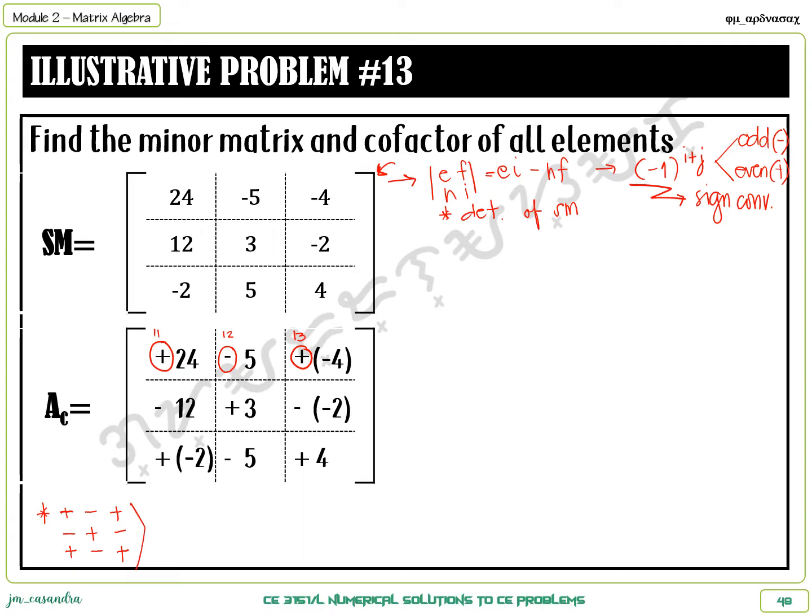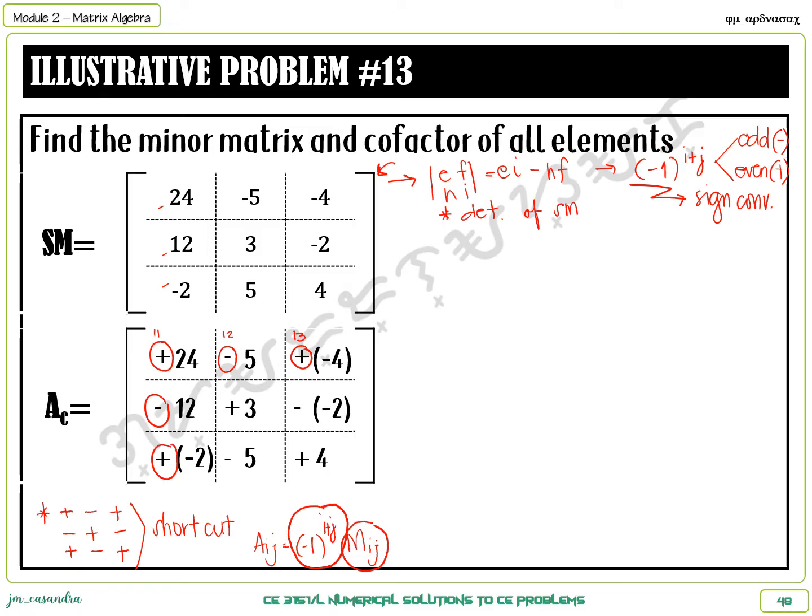So this is our shortcut. Okay? So, without memorizing the equation a_ij equals negative 1 raised to i plus j times m_ij. The m_ij are these values, and negative 1 raised to i plus j gives your sign conventions.